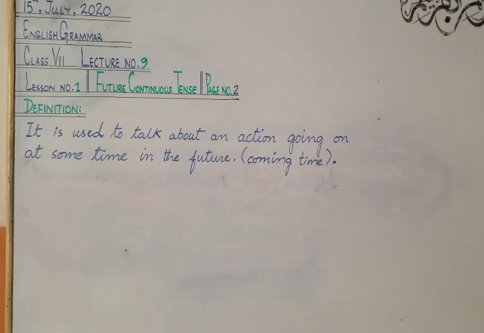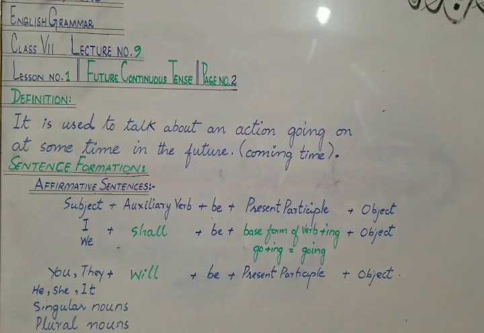Now let's see its sentence formation. Sentence formation of future continuous tense, and first one we have affirmative sentences. तो देखते हैं future continuous tense के affirmative sentences कैसे बनाते हैं.